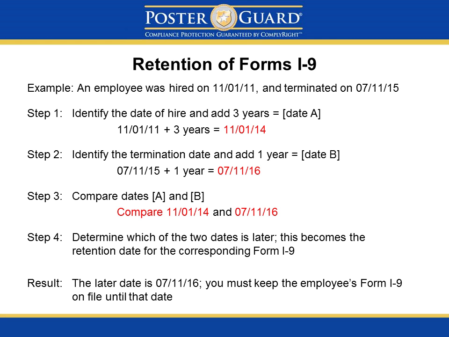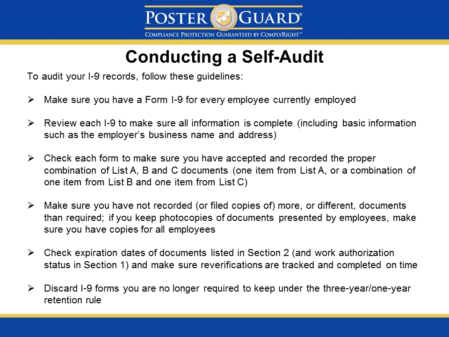Okay, this slide provides a great self-audit checklist to help you audit your own forms, your existing I-9 forms that you have on file. And a quick audit like this can really go a long way toward minimizing fines and risks of liability. Researchers have reported that, in looking at a typical business with I-9s, there are usually errors on about 50% of I-9 forms.